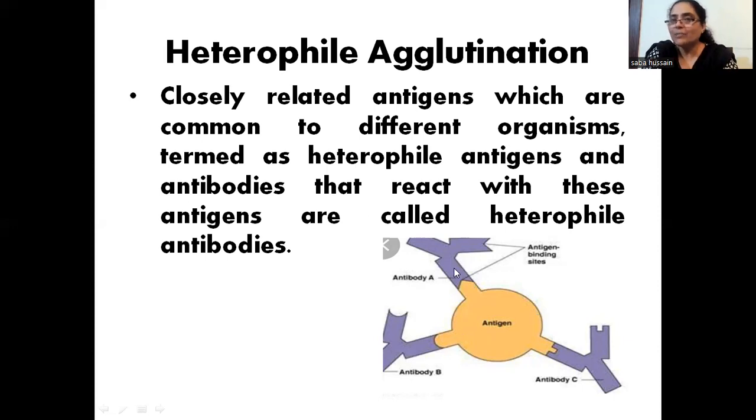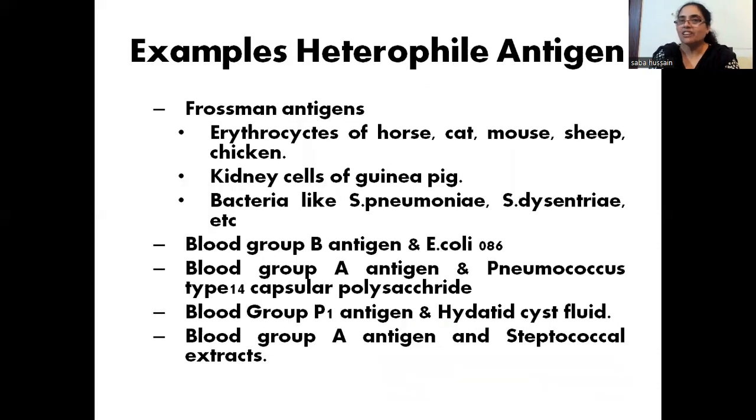Otherwise, antibodies are of 5 types, which I have talked about in my previous videos, so don't get confused while I'm writing ABC. ABC is just like XYZ, the paratopes of antibodies combining with the same antigen. So a heterophile antigen is an antigen which can be present in 2 different species, but they share the same chemical structure.